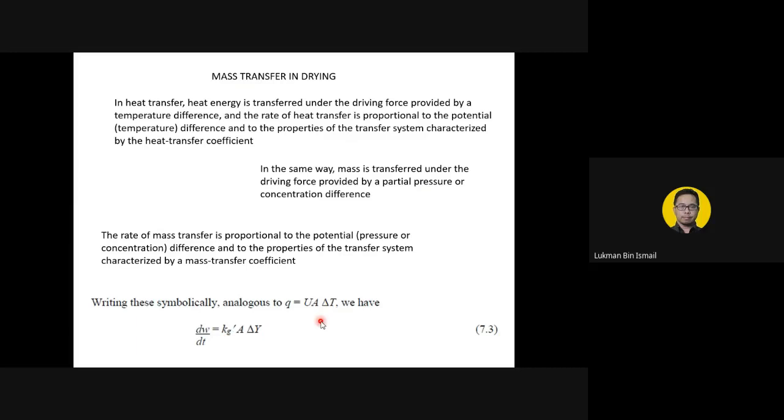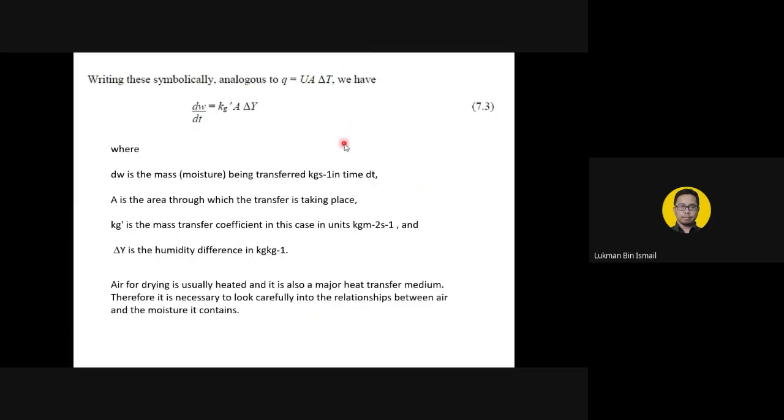So what is dW? dW is the mass of moisture or water being transferred, in kilograms per second in time. dt is time, usually in seconds. A is the area through which the transfer is taking place, and kg prime is the coefficient.